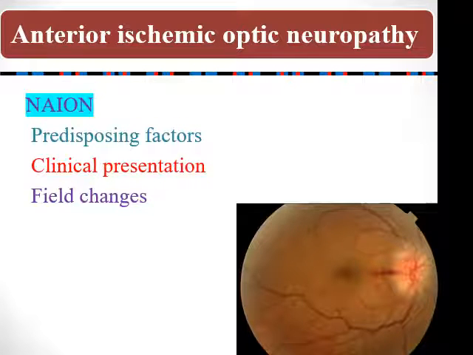The typical field defect is altitudinal field defect, and the patient will say, I can see half of the face. Investigating the predisposing risk factors is very important in this patient.